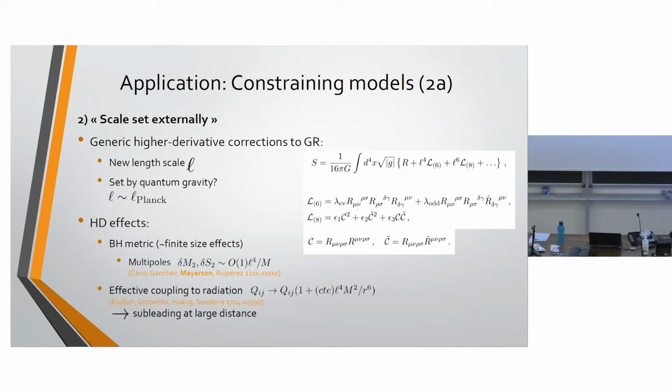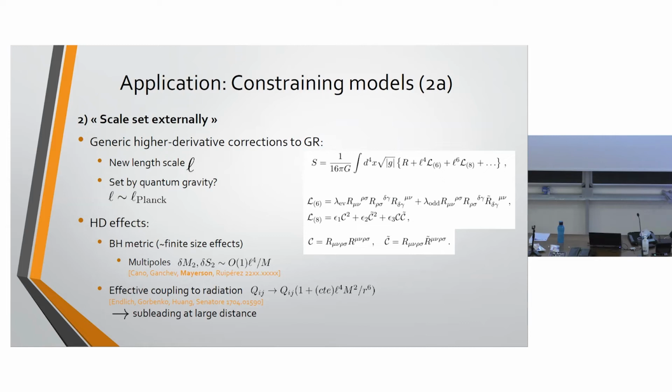This is what we're working on now. You can calculate the change in all of the multipole moments and see that there is some order 1 number times the only length scale that you could really make. And then there's a second effect. This effect is like a finite size effect where the metric changes, and so the geodesic that the object is following changes.